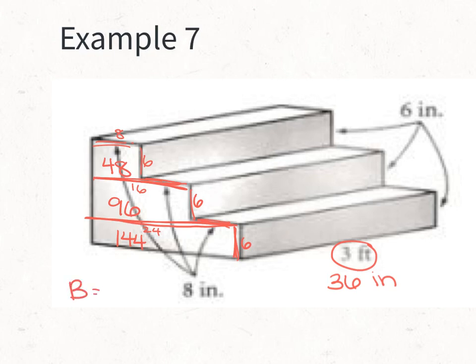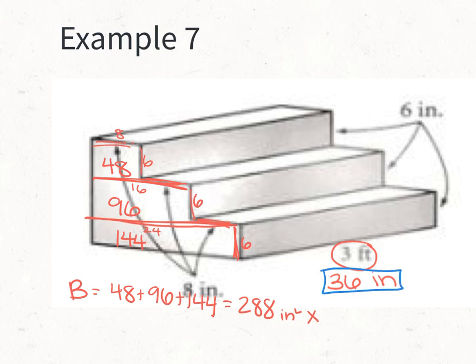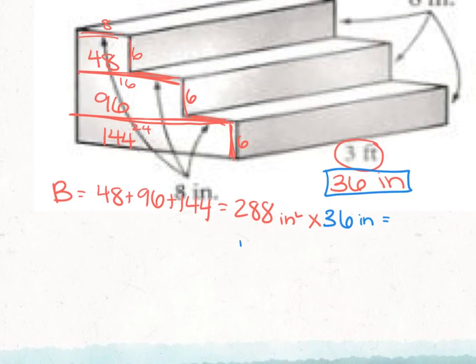So the area of my base is 48 plus 96 plus 144, which works out to be 288 square inches. And then I need to multiply that by my height, which is 36 inches. And I get 10,368 inches cubed.